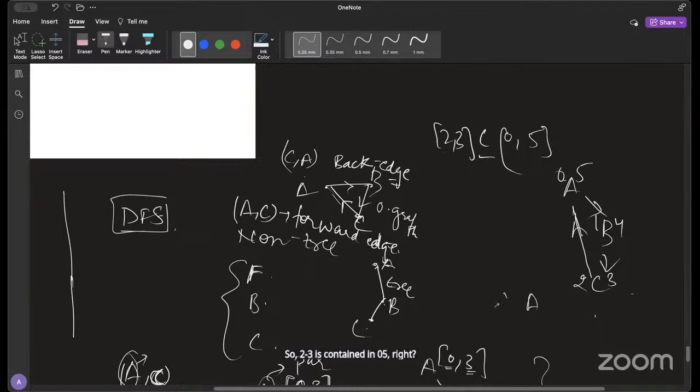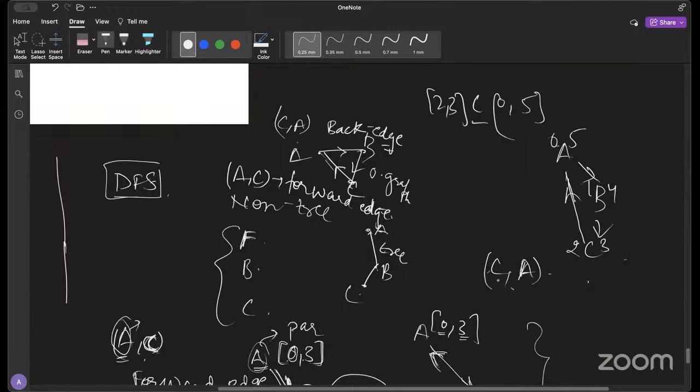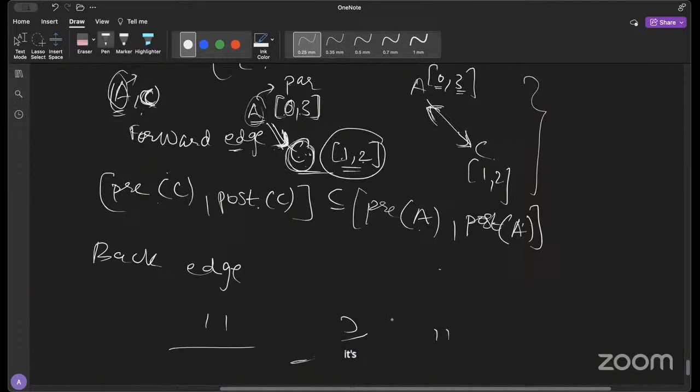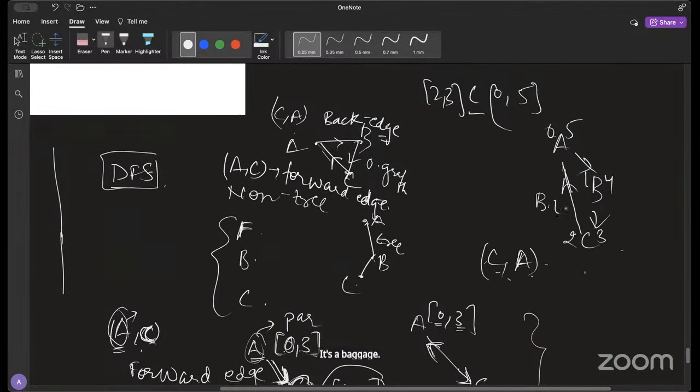So if you're checking for CA, the pre-post number for C is contained in the pre-post number of A. It's like this one. It's a back edge. Is that okay?